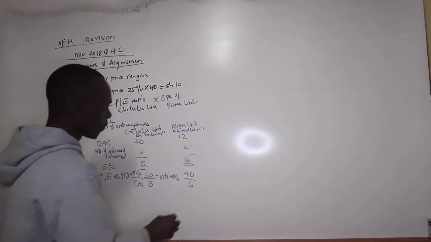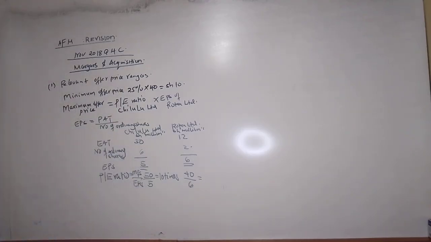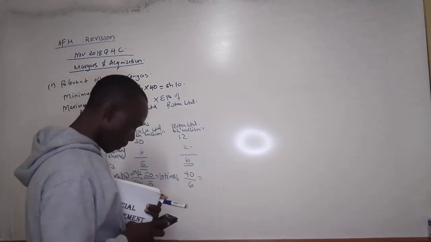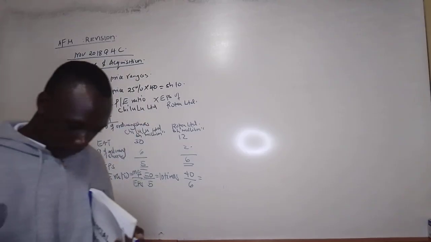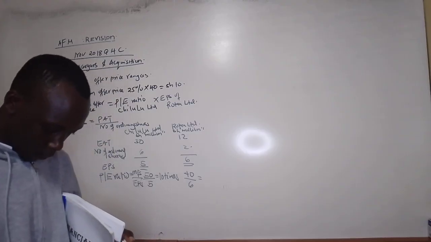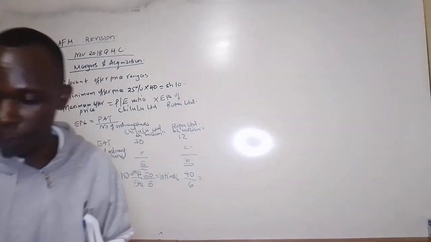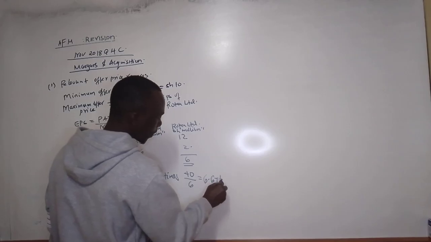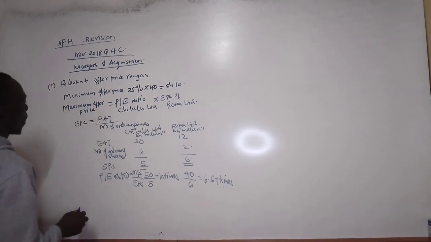And the other one, it will be 40 divided by 6, which is around 6.67 times. Then once we have that, remember we were looking at the maximum offer price.